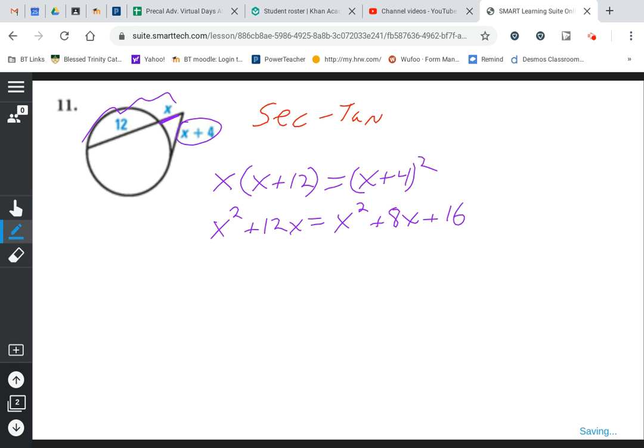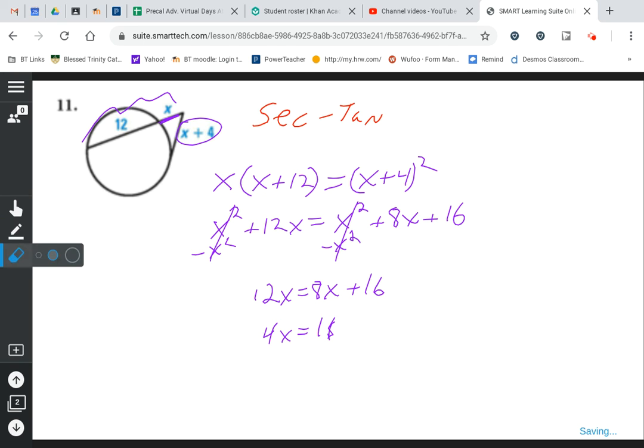All right, I'm going to solve for x. And what I notice is I have an x squared on both sides. So if I subtract x squared from both sides, they go away. So I'm left with 12x equals 8x plus 16. Subtract 8x from both sides. I have 4x equals 16.